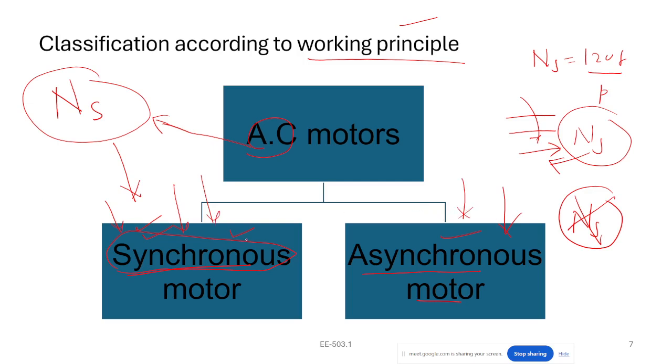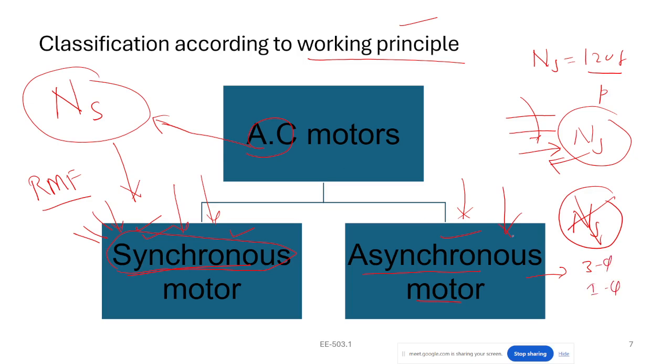The main thing is that synchronous motors work on the principle of a rotating magnetic field. These are mostly three phase motors, not single phase. The asynchronous motors, as we will see later, are available in three phase and also single phase.